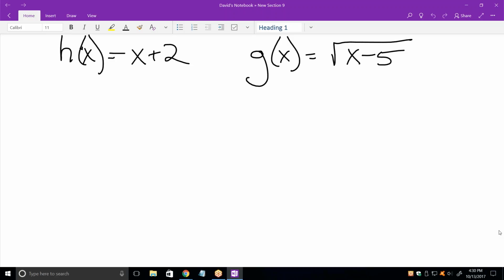Well, with this problem, we don't have any domain restrictions on the h function. That's all real numbers. But we do on the g function. What's inside the radical has to be greater than or equal to 0, which means x has to be greater than or equal to 5. Okay, so that is the domain restriction for g of x. Now what are they asking for? They're asking for h minus g of 4.